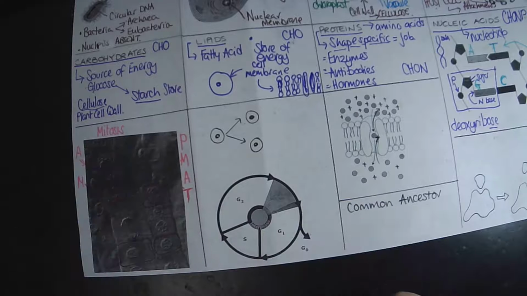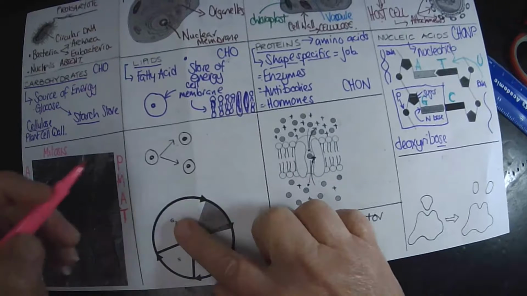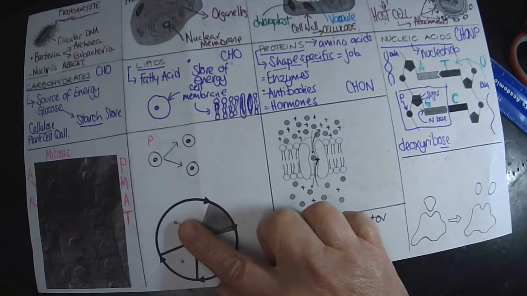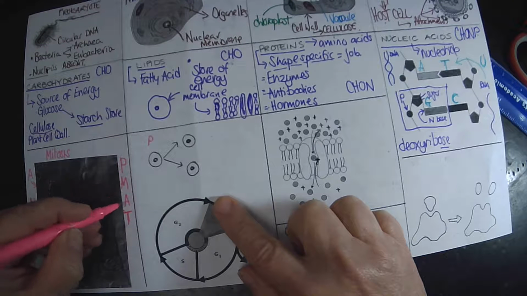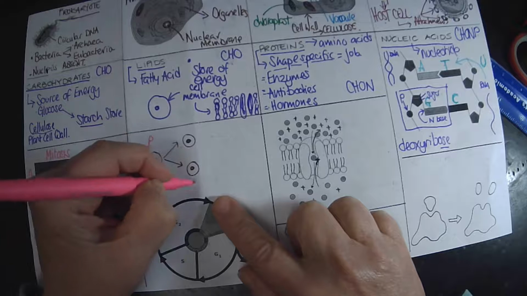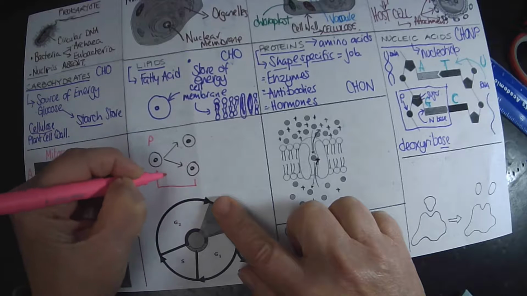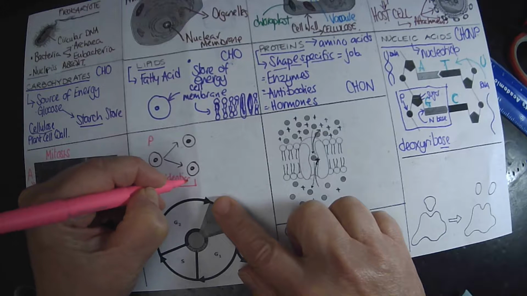So you've got to know PMAT. And really what you've got to be able to do is put them in order. And the easiest way to do this is, prophase, you've only got one cell. At the end of telophase, you're going to have two cells, right? And the key bit here is that those two cells are identical, all right?